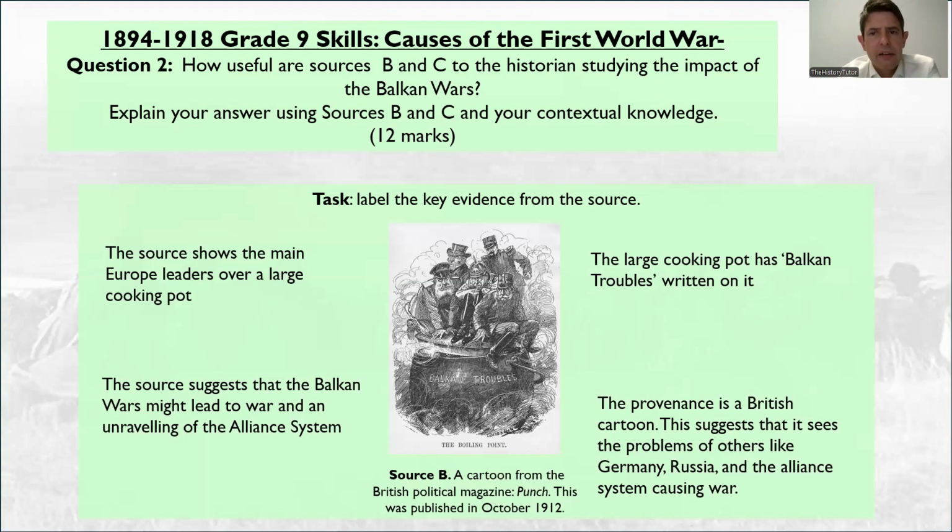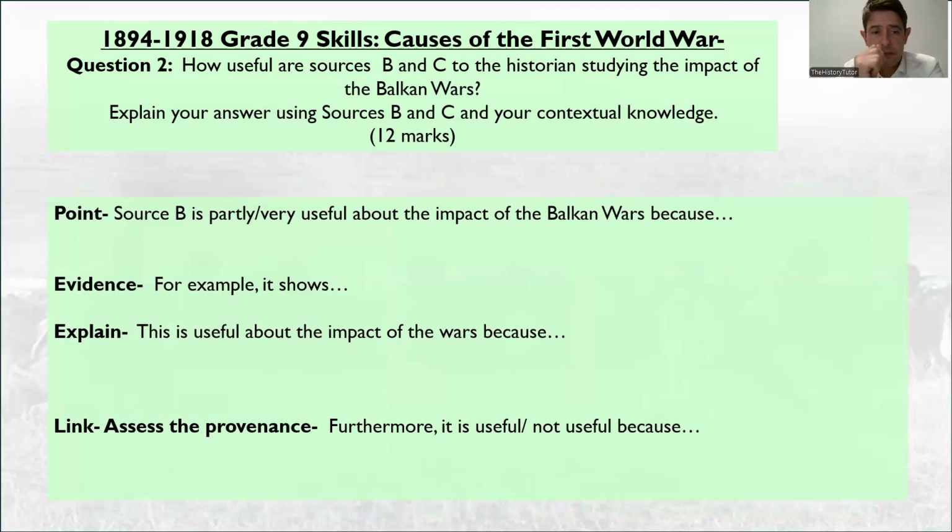So let's have a look and see if we can explain the impact of the Balkan Wars a little bit more. Okay, so we need to obviously have a good paragraph structure. We need to decide whether it's partly or very useful in response to the how useful phrase. And also we need to respond to the question, impact of the Balkan Wars. So give me a reason, first of all.